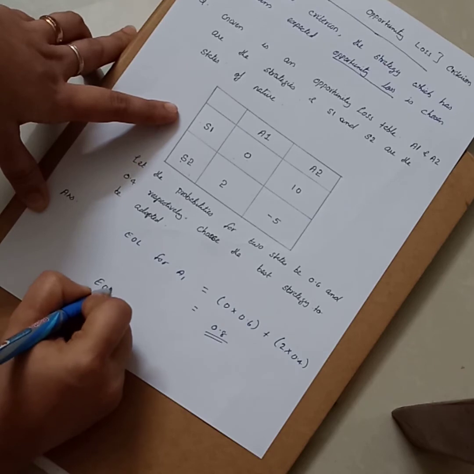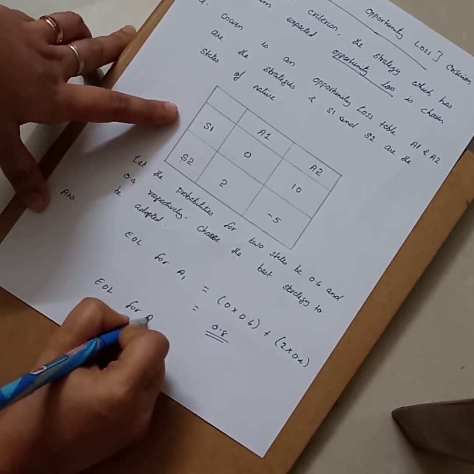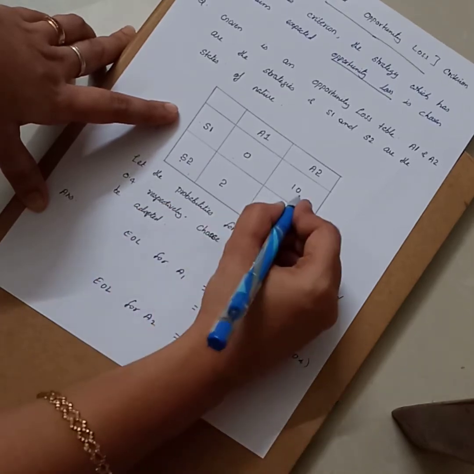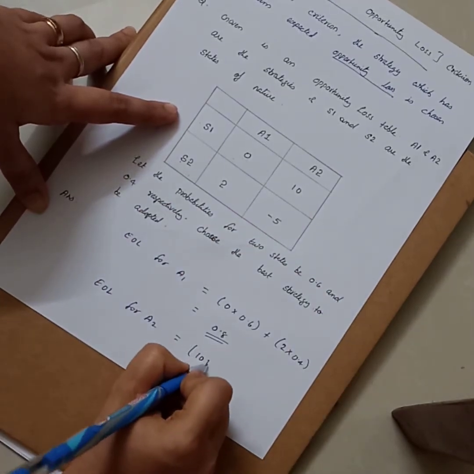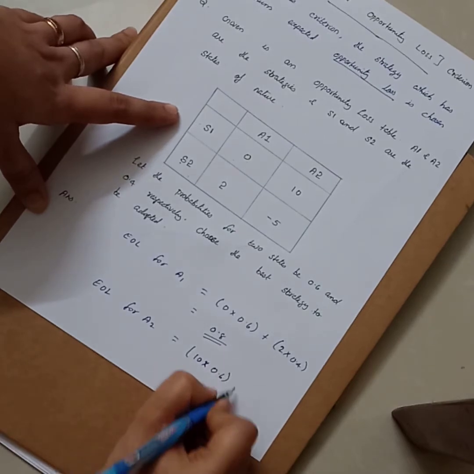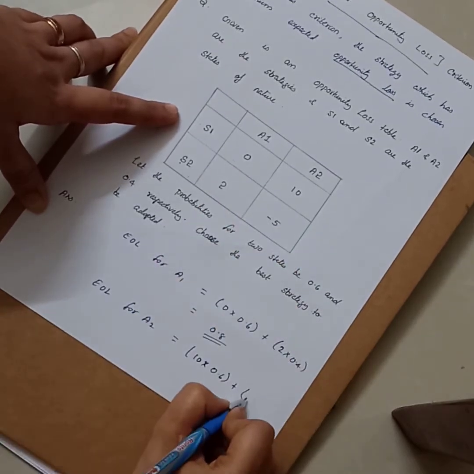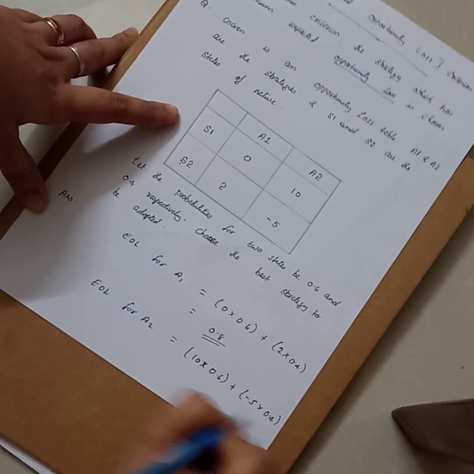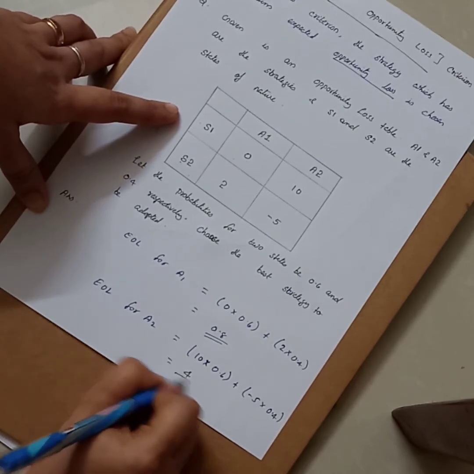Then EOL for A2. EOL for A2 is, in the same way, 10 into the probability of S1, which is 0.6, plus minus 5 into the probability of S2, which is 0.4. So you will get the answer as 4.